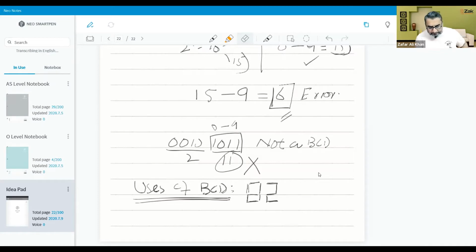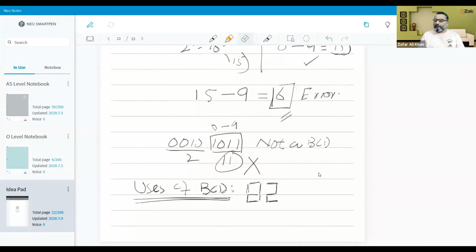Now, we will learn next year that it is nearly impossible to represent decimal values exactly in computer memories. So in that case, sometimes we have to use BCD. How that would work is in A2.